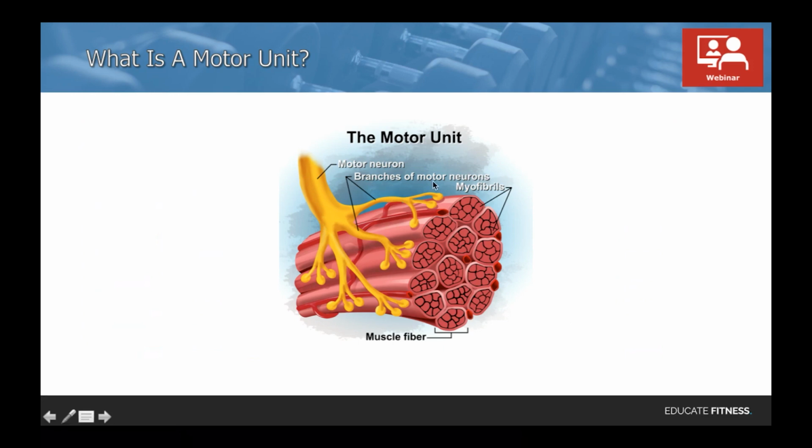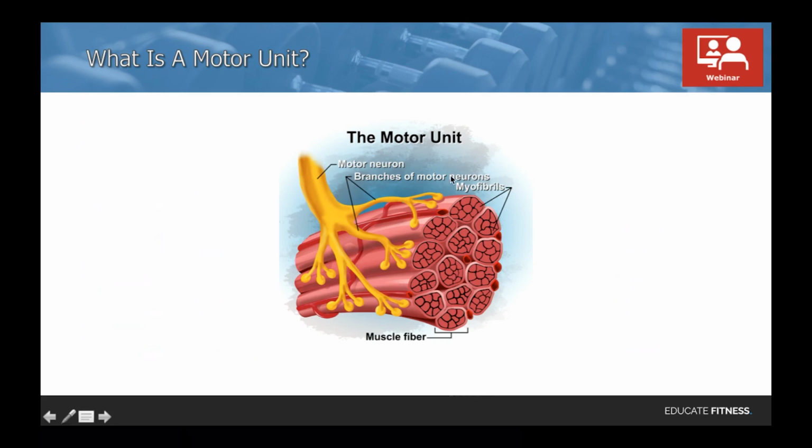And then you have branches of the motor neuron here. The different branches are attaching to different fibers. See, this branch up top has connected to these two fibers. These two branches have connected to this fiber. And this branch of the motor neuron has connected to this fiber.